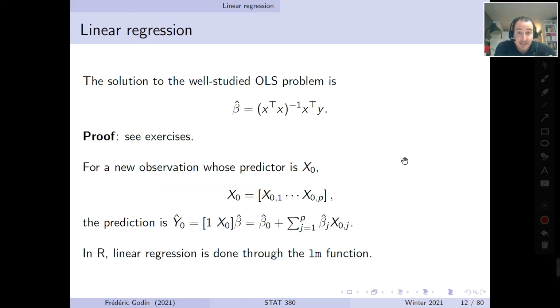So as you've seen in your previous linear regression class, the solution to the well-studied ordinary least squares problem is given by the following. The vector of parameter estimates is given by X transpose X inverse, where X is the design matrix, times X transpose y.